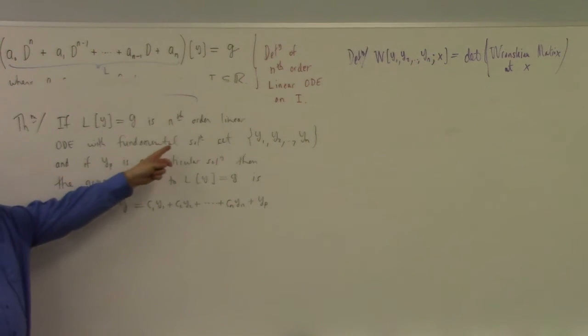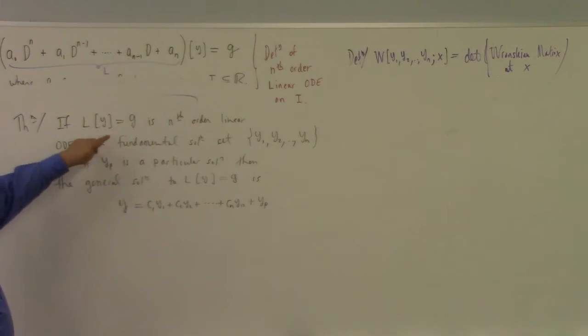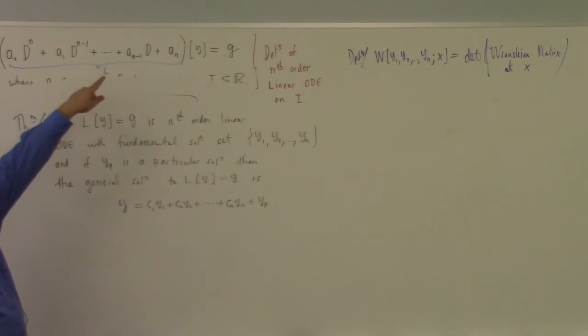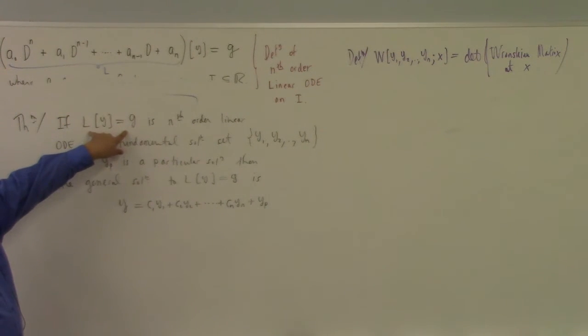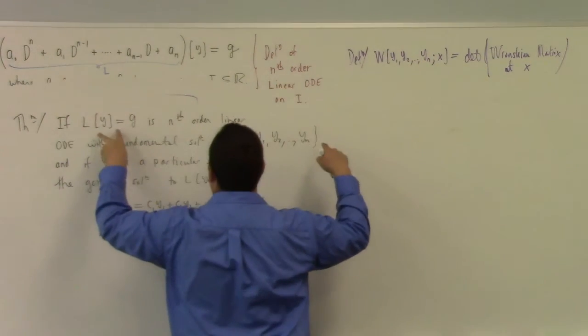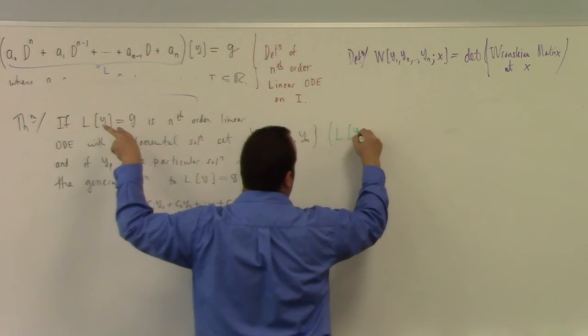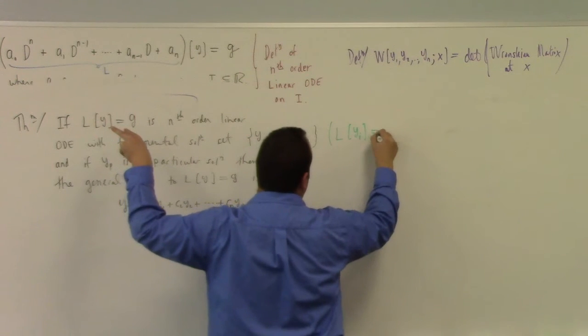Fundamental solution set. These functions are not solutions to the differential equation we're trying to solve. I'm still using this terminology up here, guys, okay? So, in fact, they're solutions to a corresponding homogeneous problem. So, the fundamental solution set for a non-homogeneous ODE, they're actually solutions to the corresponding homogeneous problem, all right?